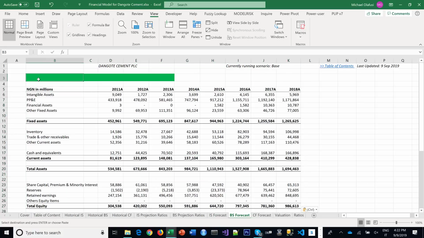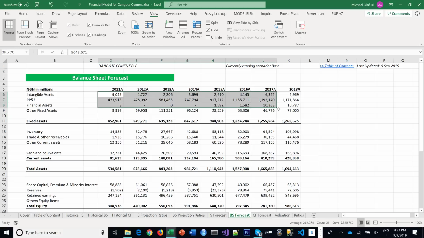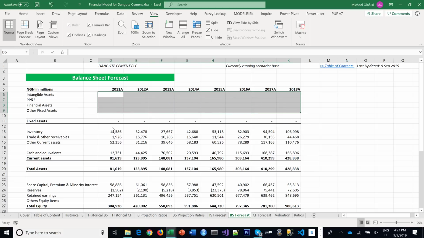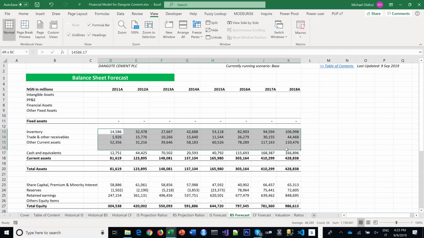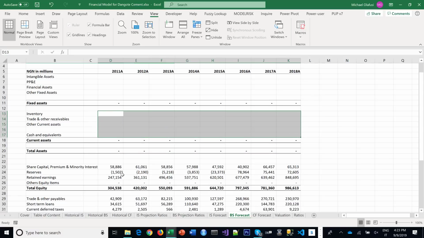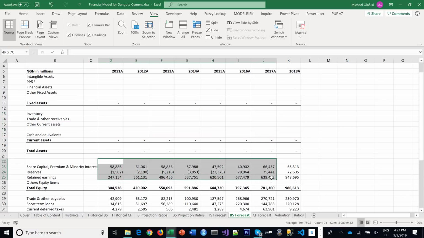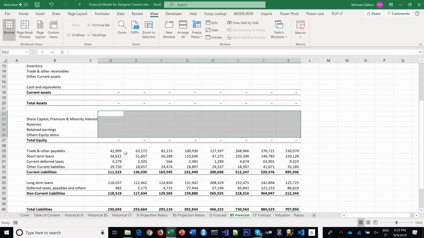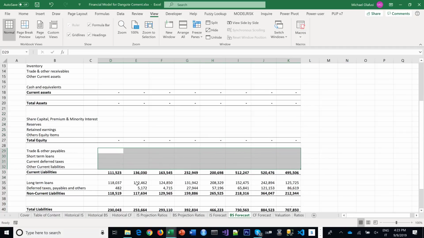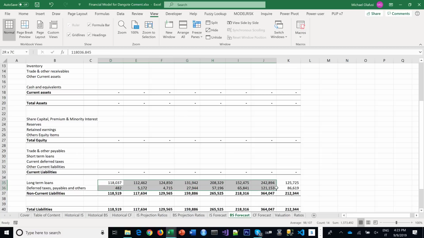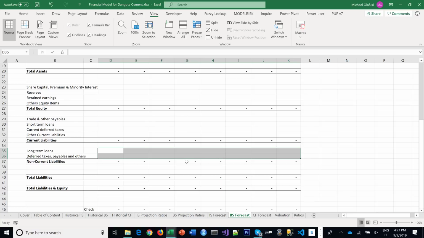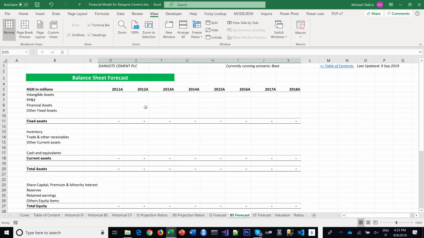I say this is the balance sheet forecast, and like we did the other time, I take out all of the things that are not calculations. Okay, so this is good.